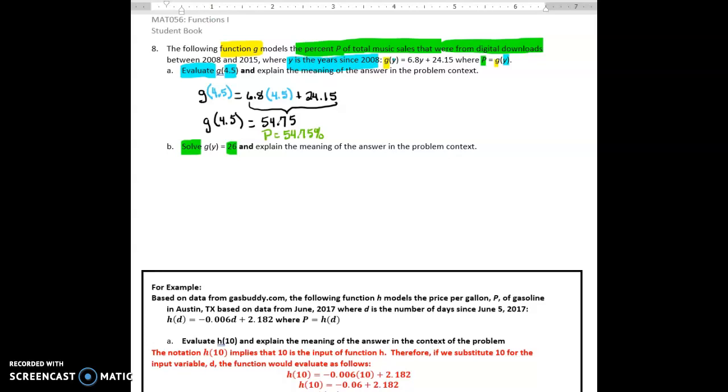Now, it also says to explain the meaning of the answer in the context of the problem. So again, we have an input part of the statement and an output part. 4.5 represents the years since, so 4.5 years since 2008.